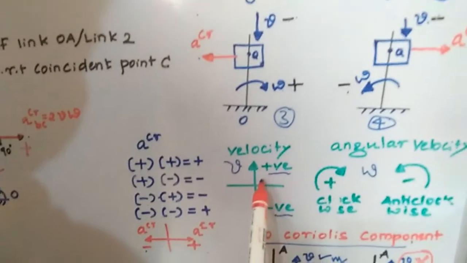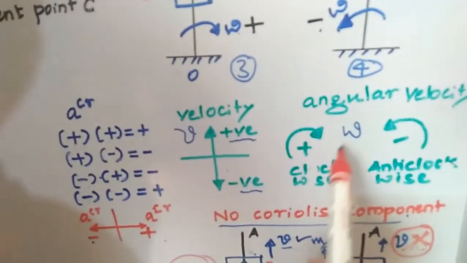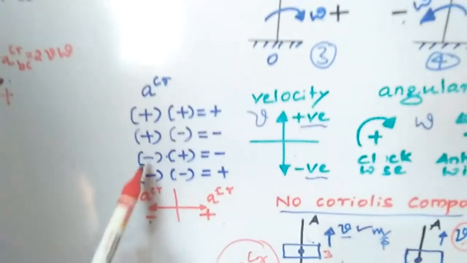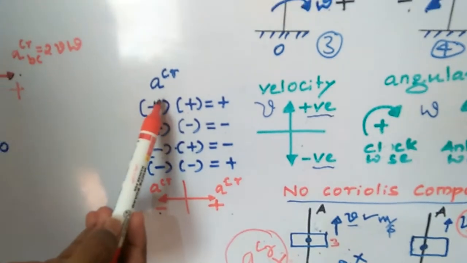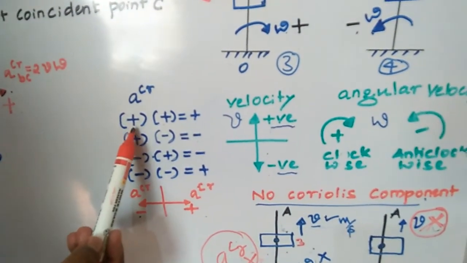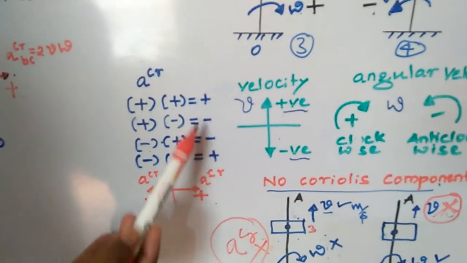Velocity vertically upward is positive, downward is negative. Angular velocity omega clockwise is positive, anti-clockwise is negative. To determine whether the Coriolis component is in the positive or negative direction, I have applied a simple algebraic method: plus plus comes as plus, plus negative comes as negative, and so on.